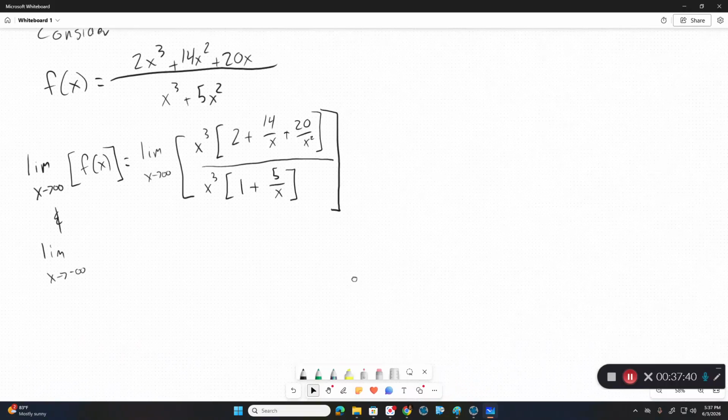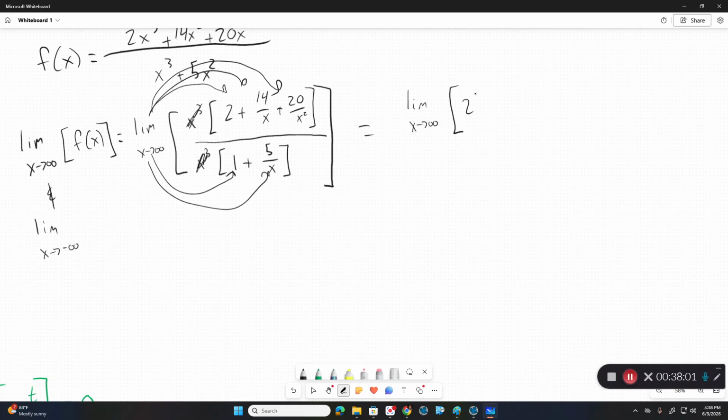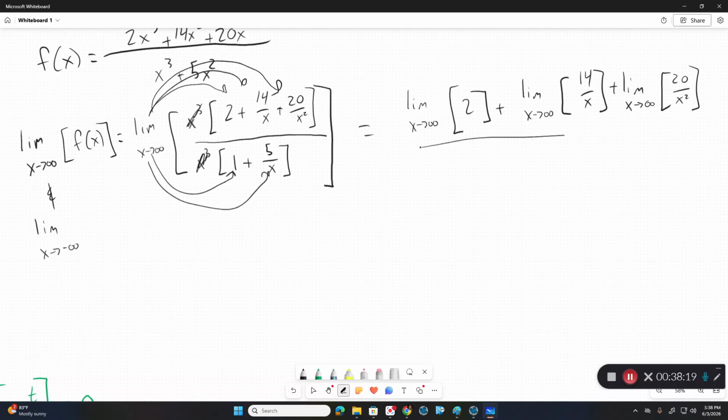Once again, we can cancel those terms, leaving us with, distributing out this limit to the numerator and the denominator: the limit as x approaches infinity of 2, plus the limit as x approaches infinity of 14 over x, plus the limit as x approaches infinity of 20 over x squared, all divided by the limit as x approaches infinity of 1, plus the limit as x approaches infinity of 5 over x.